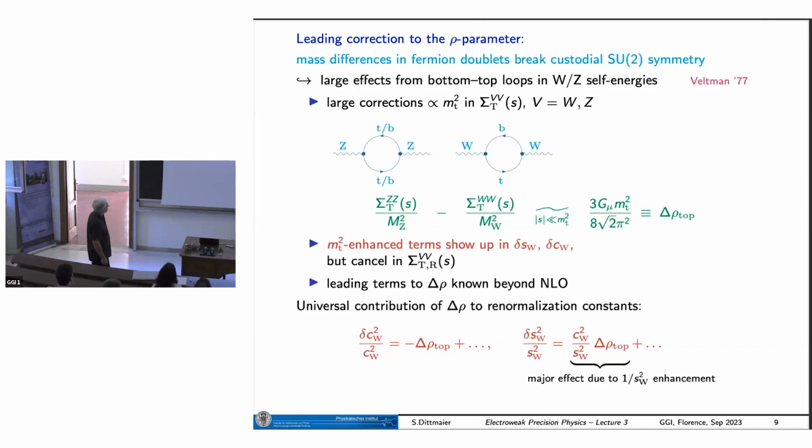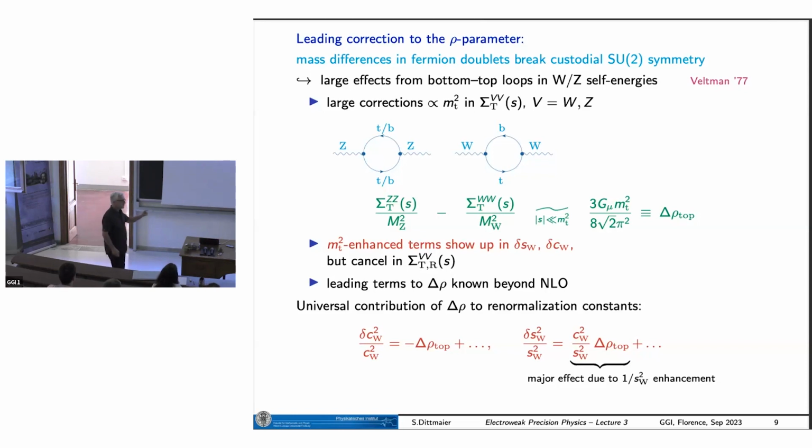The idea basically is the following: if you look into the structure of these corrections, and Veltman was one of the first to do that, you see that whenever you break symmetries, often you get large corrections, meaning, for example, for this case here, that the mass difference between the b and the top quark plays a particular role because they are sitting in the same doublet.